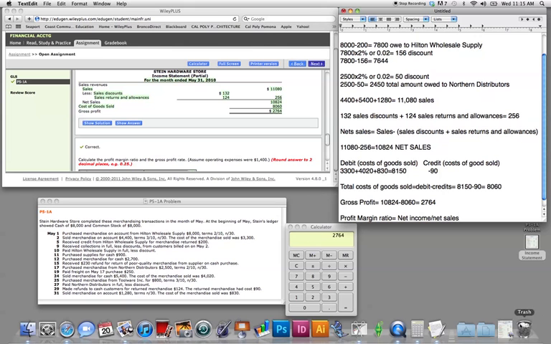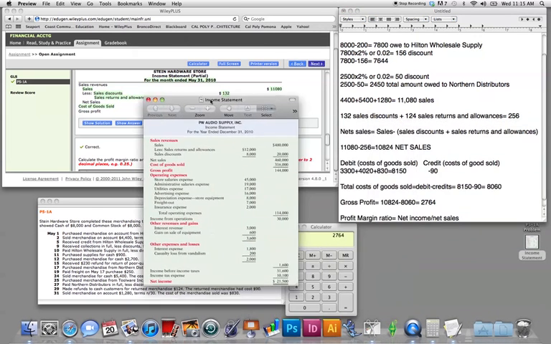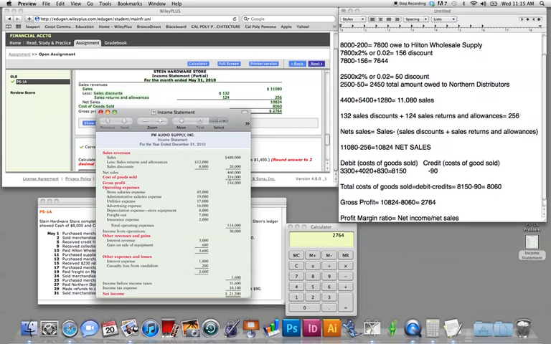That's where you can look on the full income statement and see how to calculate our net income over here: you subtract the total operating expenses from the gross profit.